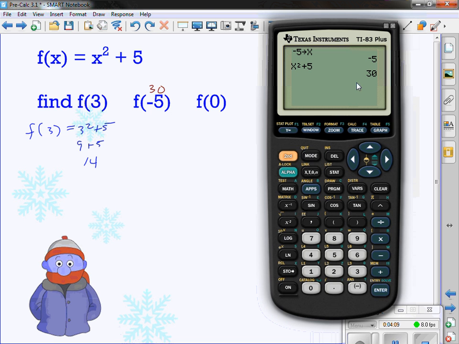If I want to do it again, I just go 0 stored into x. Now I just go second enter, so I don't have to retype the function. The answer is 5, because 0 squared is 0 plus 5 is 5. I'm just making sure you understand how to do it by hand and how to do it in the calculator.